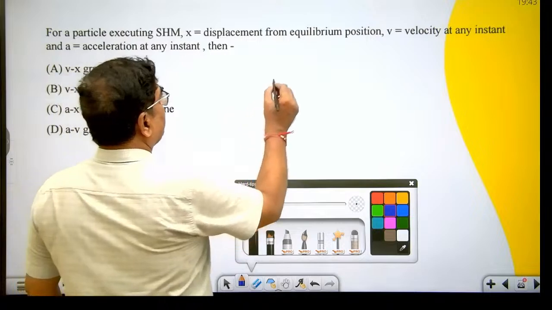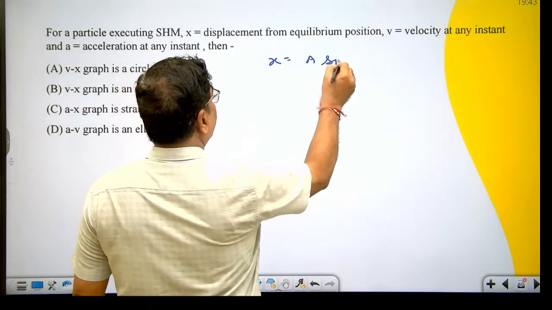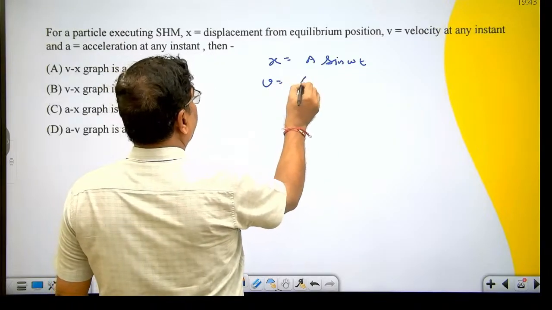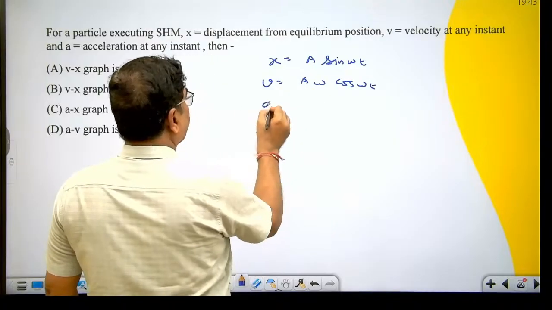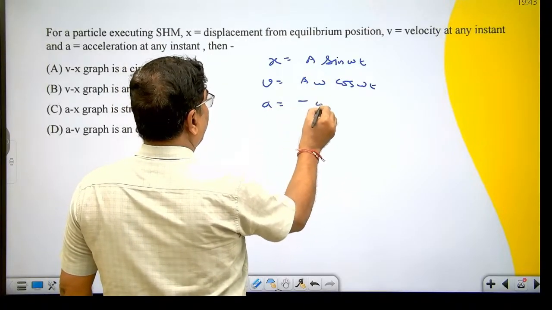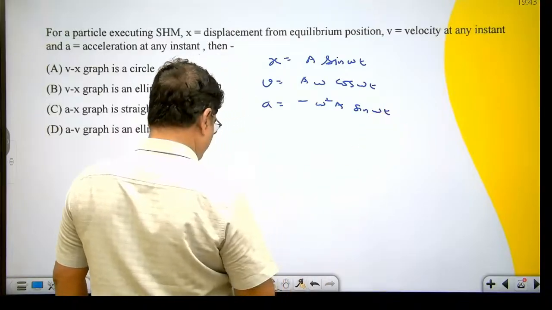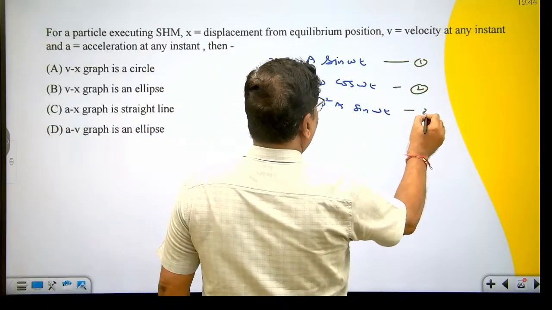Okay, dear student, if the particle travels from mean position, displacement can be written as x equal to A sine omega t. And velocity is what? dx upon dt. This is A omega cos omega t. And what is acceleration? dv upon dt. This is minus omega square A sine omega t. Now, if we start comparing, how? Let's see.